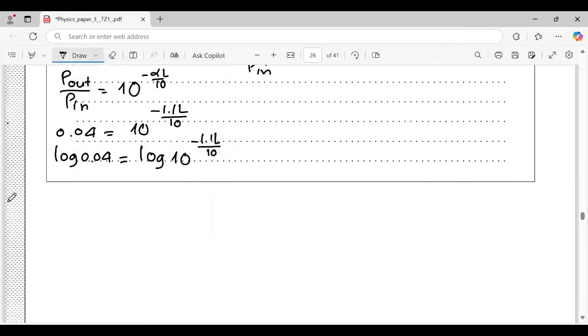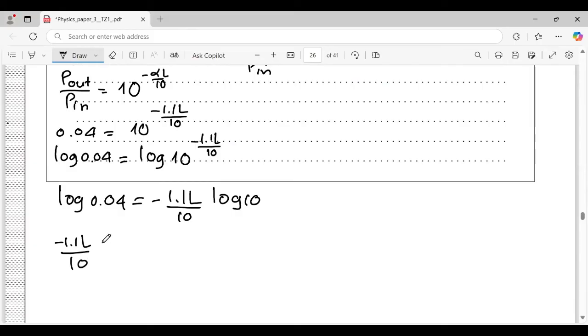Let's continue. Based on the logarithm rule, log 0.04 equals minus 1.1 L over 10 times log 10.